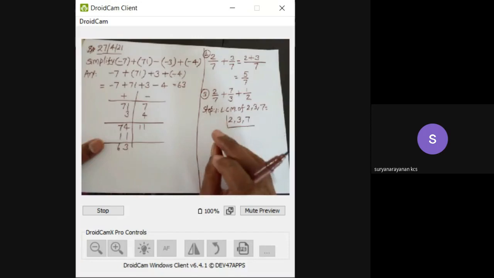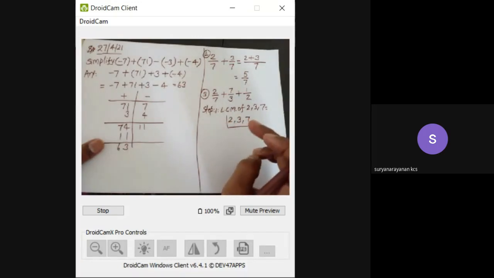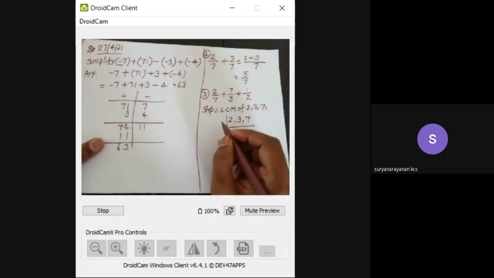We concentrate only on prime numbers in finding LCM or HCF. So the first prime number is 2. We have to select a prime number which divides at least one of these numbers.